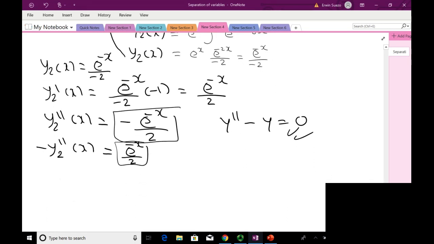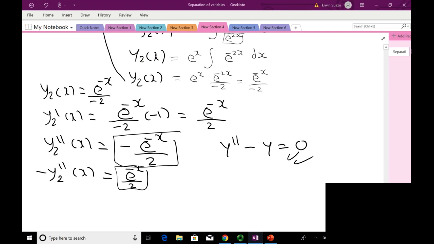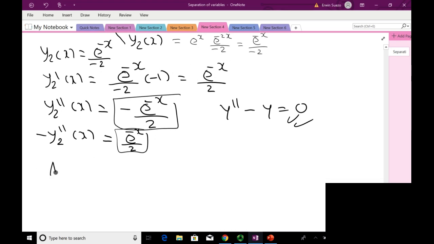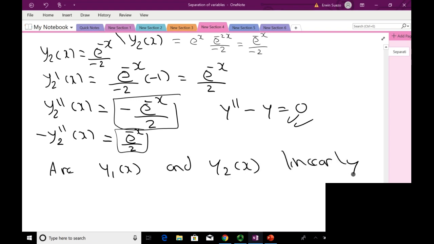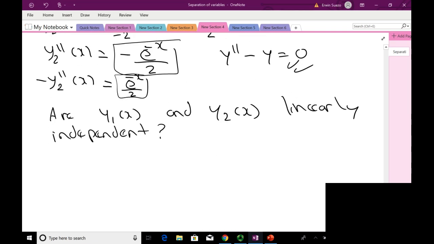So this is indeed a solution, but is it a linearly independent solution? So how can we check? Are y1 of x and y2 of x linearly independent? So what should I do to figure out they are linearly independent?